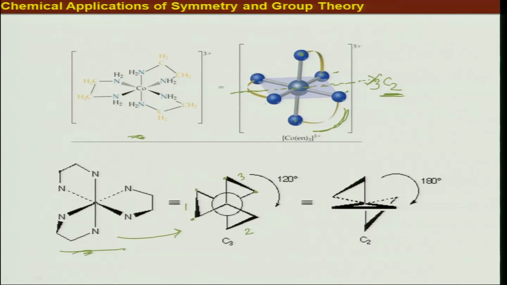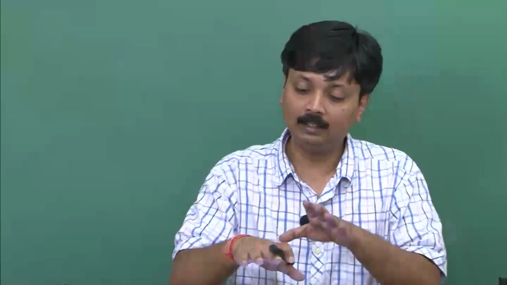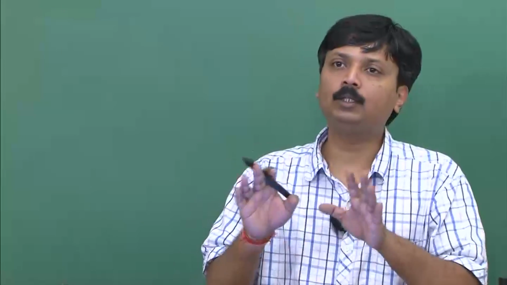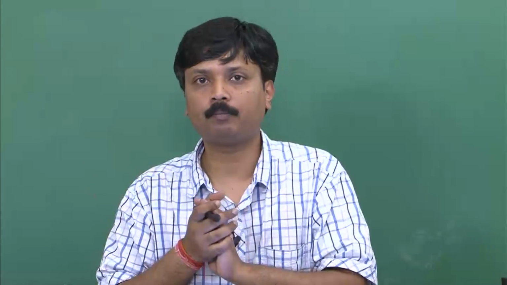So if I apply the same technique here, obviously it has to go through the middle of the ethylene diamine, this arc, right. So I can have one axis in this direction. Now think about it, it's like a propeller shape, and to some extent the way it has been drawn here, it is like that ferrocene staggered conformation problem, right.